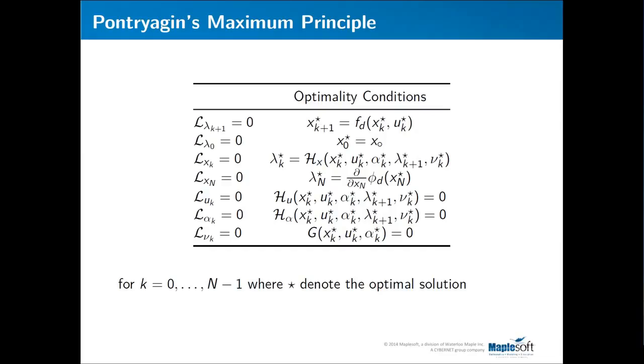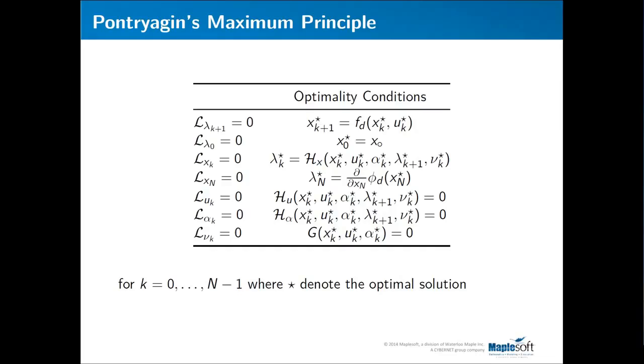The first two lines are the system's dynamic equations with its initial conditions. The next two lines are dynamic equations corresponding to the Lagrange multiplier lambda with its final conditions. So these equations have to be solved backward in time. And the rest of the equations are equality constraints on all the variables.